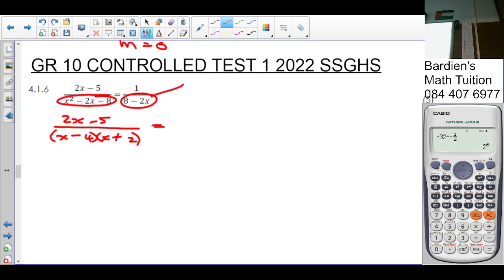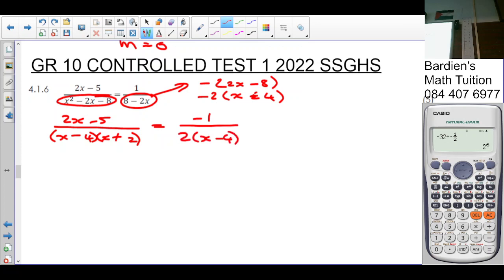So what I'm going to do there is swap that around, negative comes out, and then factorize. So it's going to give you negative 2 into x, x minus 4. So it's negative 1 over 2 into x minus 4.